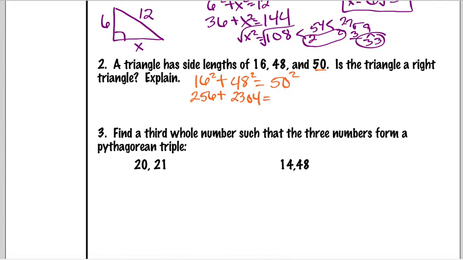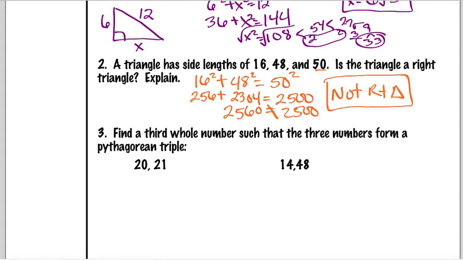And 50 squared is 2500. When you combine these, you get 2560, which is not equal to 2500, so it is not a right triangle. It's not a right triangle because it doesn't work in the Pythagorean theorem. That would be my explanation.